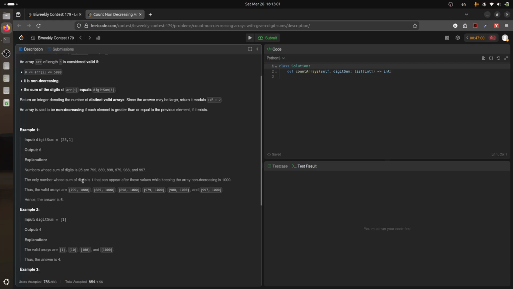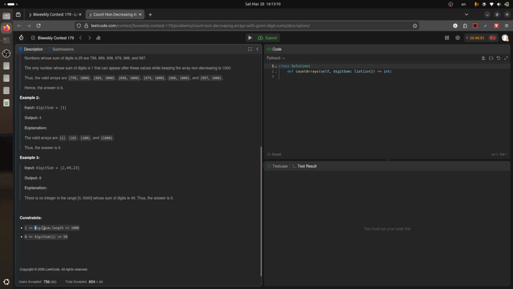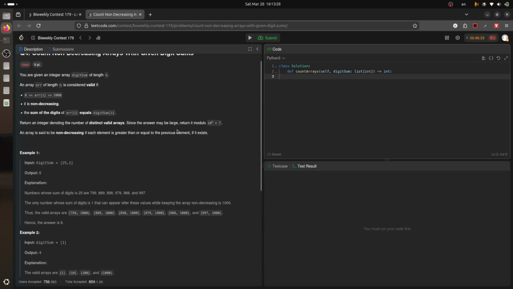So digit sum length 1000, and each number is, okay, so I think it will be a dp[i][j].